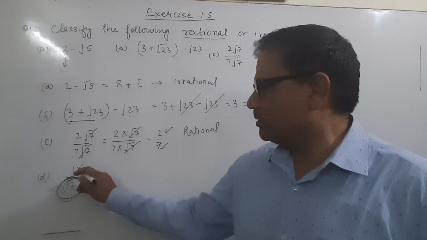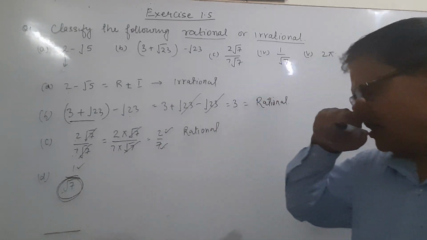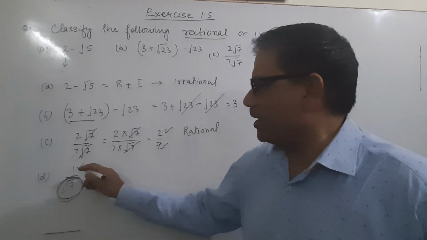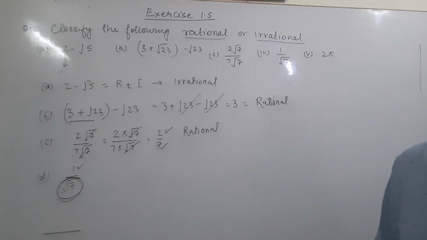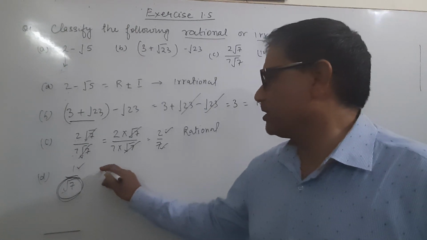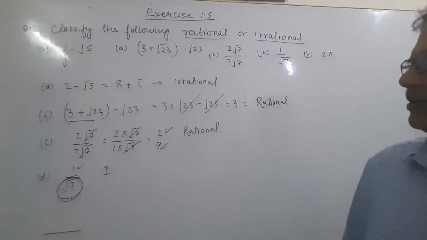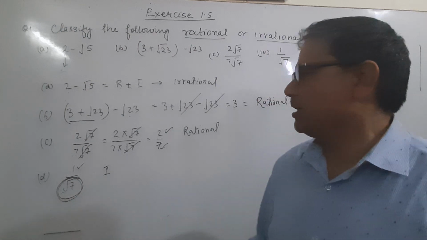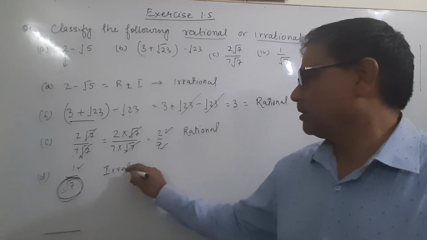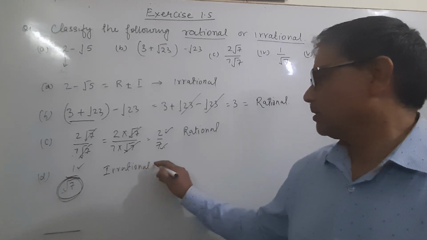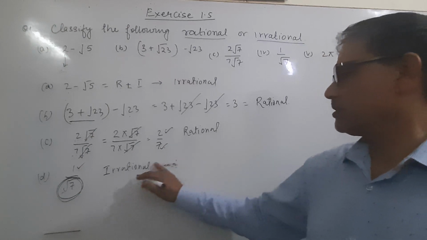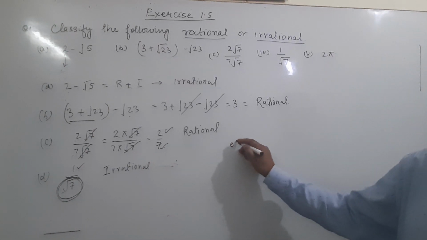So the quotient of a rational and an irrational will always give an irrational number. 1 upon root 7 is an irrational number.